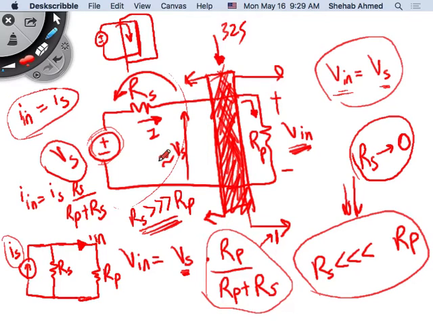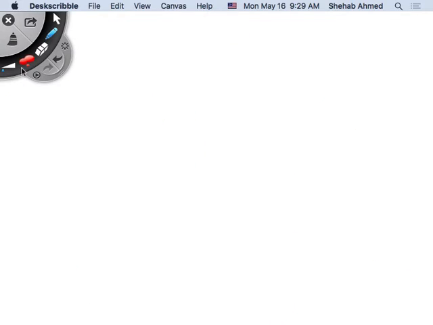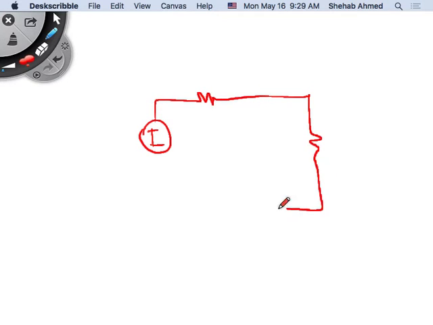So that's where we will be putting something in the middle here. If we put something in the middle here, then what can I do? If current is flowing into this circuit, remember this is a voltage source with the sensor resistance and then my load resistance.